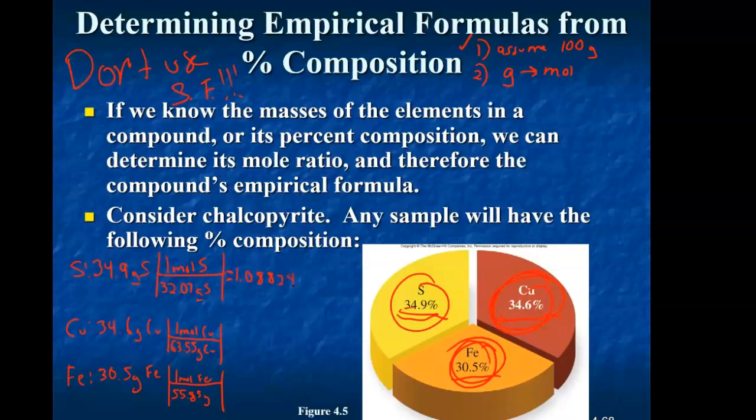I'm going to leave it to 4, whatever. I'm not even going to consider sig figs. This is the only time ever in chemistry you're going to hear me say, don't use sig figs. And we're going to do this problem again in a few minutes, so you don't have to worry about writing it down.